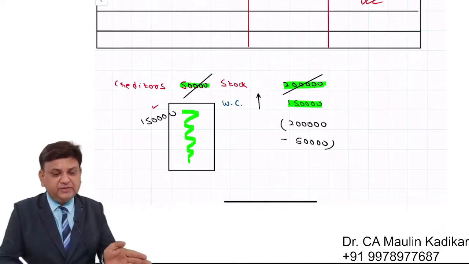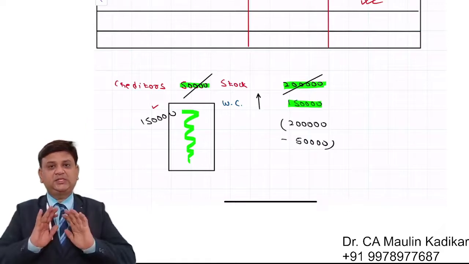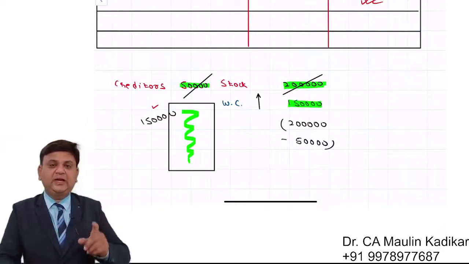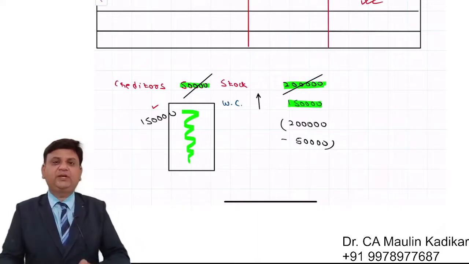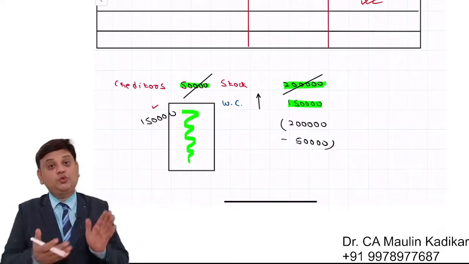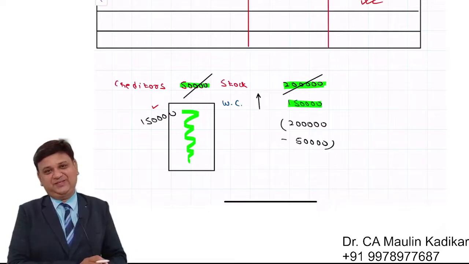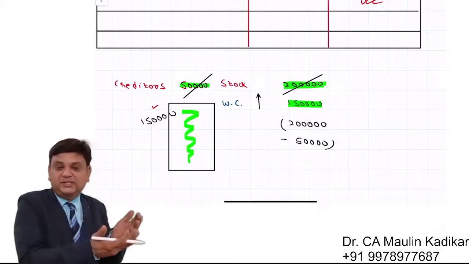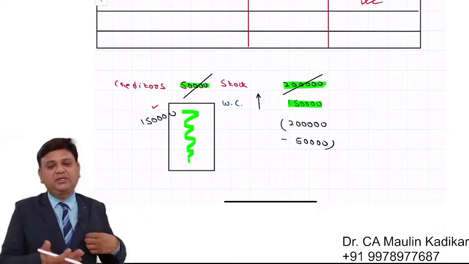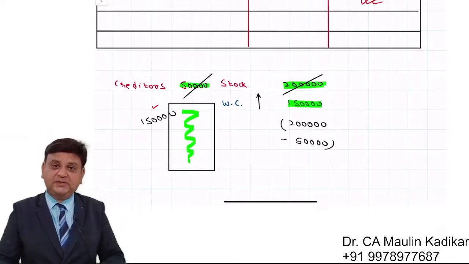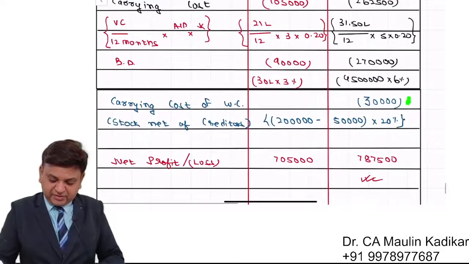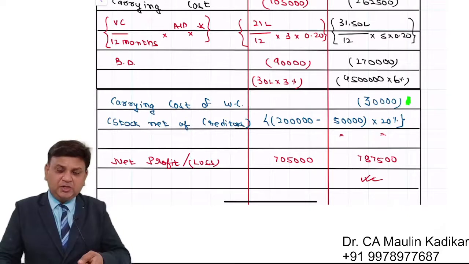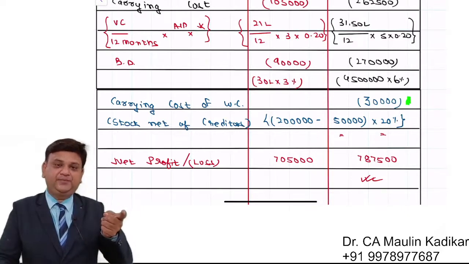This additional investment could have been invested somewhere else, and the rate at which we could have earned elsewhere is the minimum return we expect from the business. So this 1,50,000 into 20% is the carrying cost of the additional working capital.